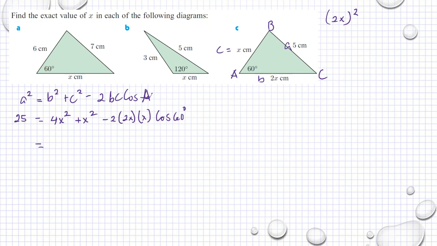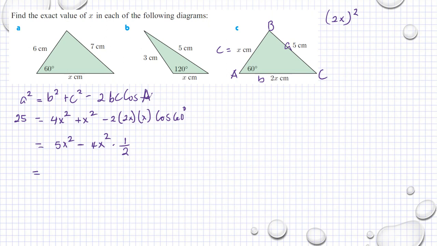So we have 5x squared minus 4x squared times 1/2.